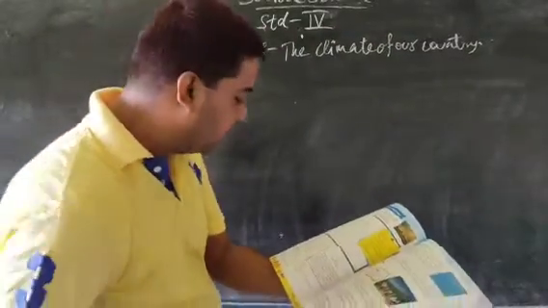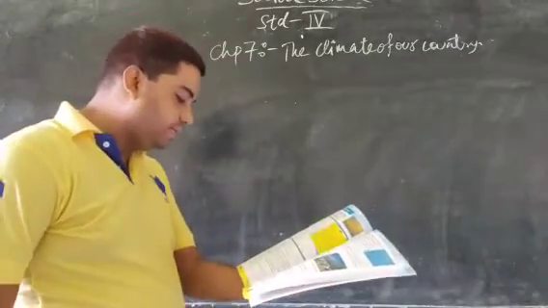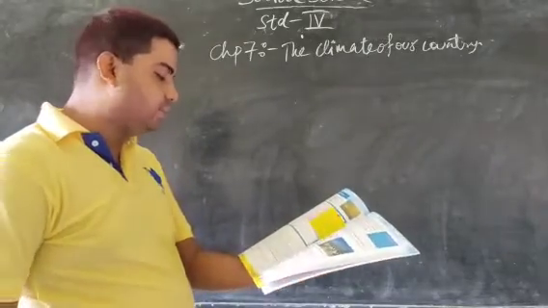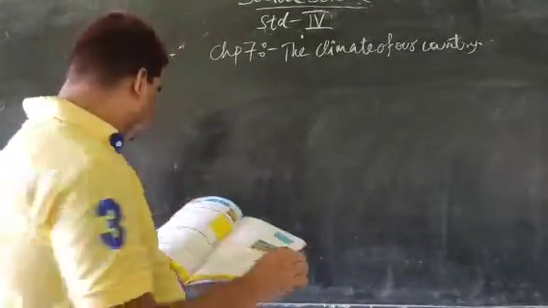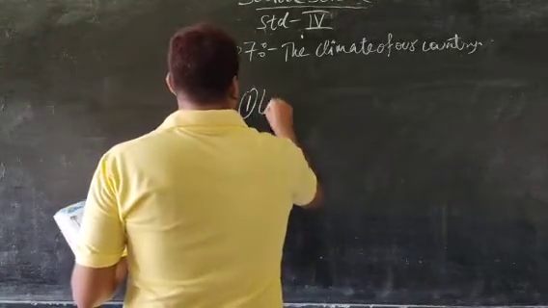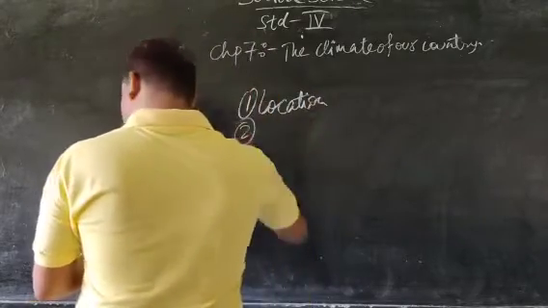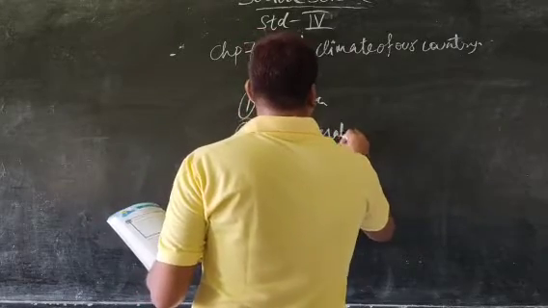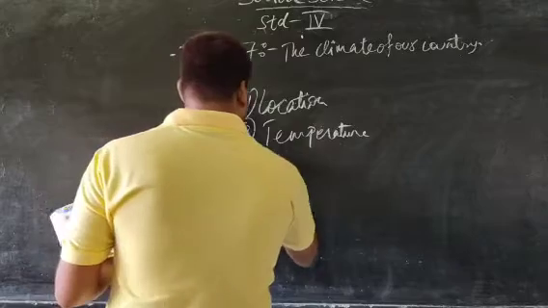Some of the factors that affect the climate of the area include location, temperature, direction of the winds blowing in the region, distance from the equator, and rainfall. So there are many factors, my dear children, which affect the climate. There are total 5. Let's see. First, it is the location. Then we have the temperature. Then third, we have the distance from the equator.